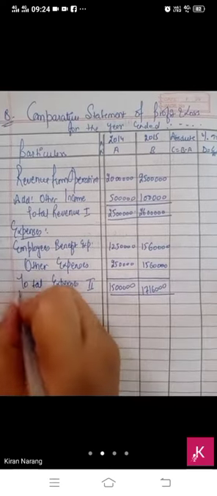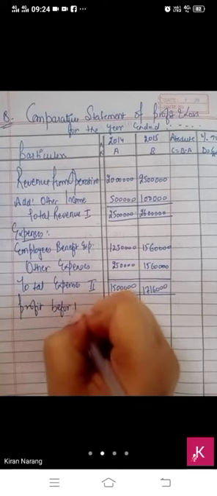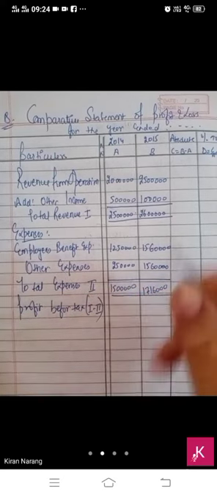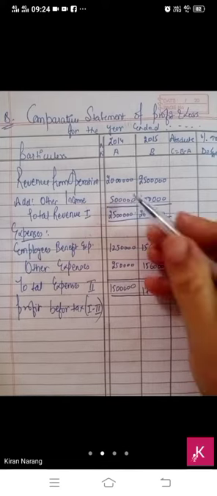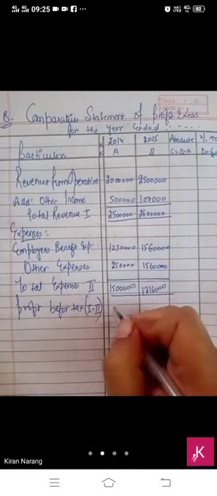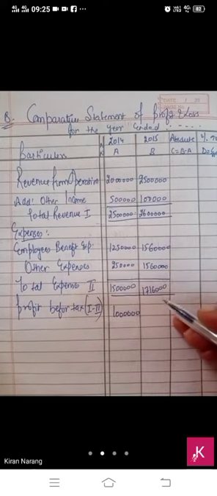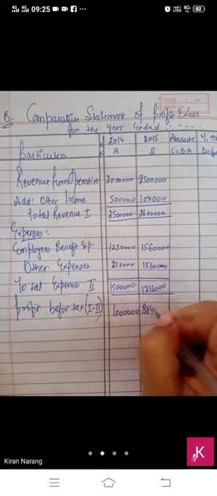Now we have to calculate profit before tax. How will it be calculated? 1 minus 2, meaning total revenue minus total expenses. 25 lakh minus 15 lakh, it will be 10 lakh. Then 26 lakh minus 17 lakh 16,000, it will be 8 lakh and 84,000.